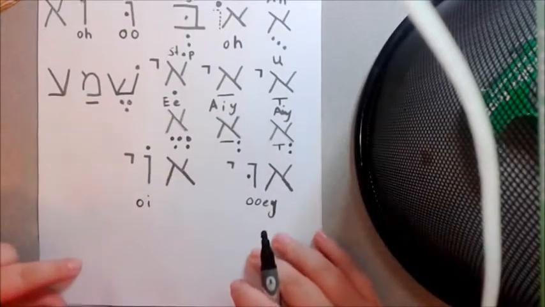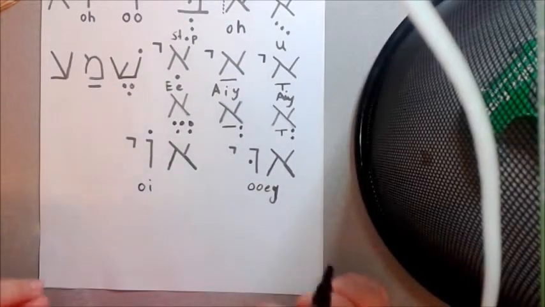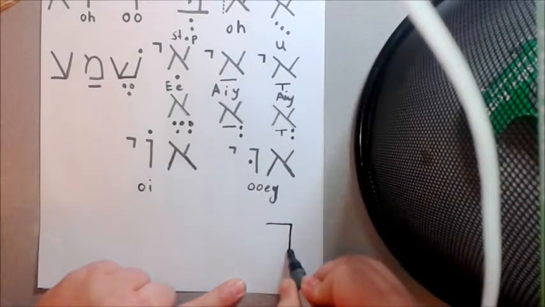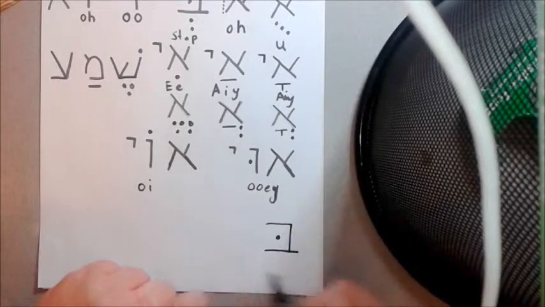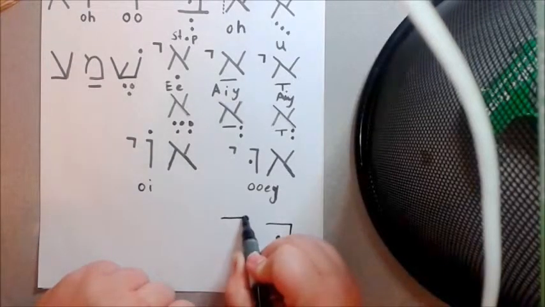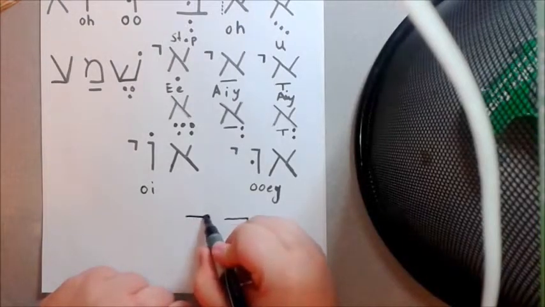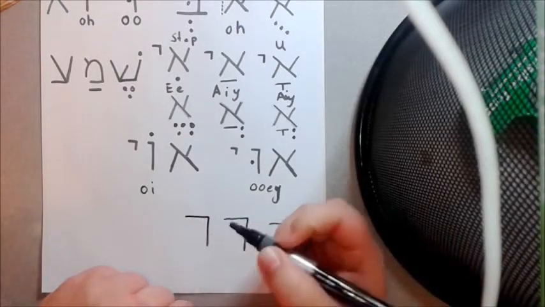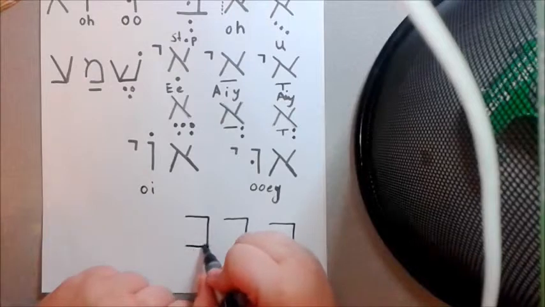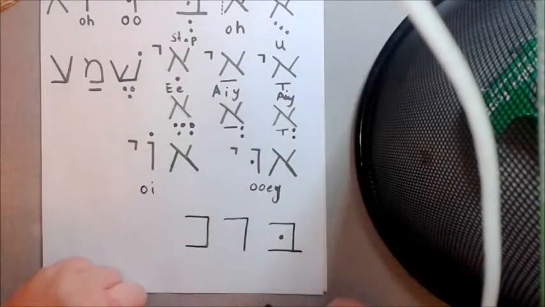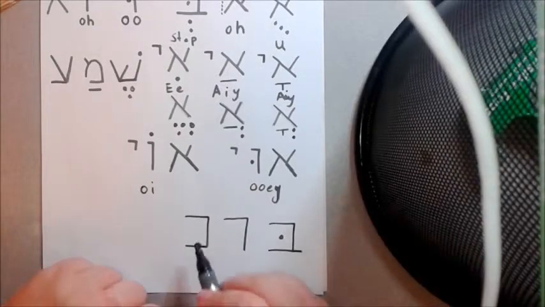I'm going to move my paper up a little bit here to give a better example of some other words down here. Here's a very common word. I'm going to do my bet, resh, and chaf.